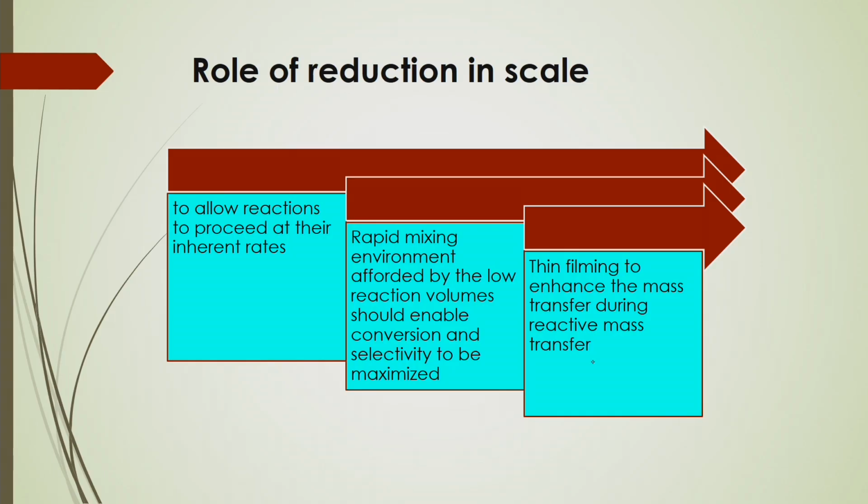So, the reduction in scale has a role in letting the reactions proceed at their inherent rates, and also reduces back mixing, and increases the mixing afforded by low reaction volumes. Conversion and selectivity can be obtained at a maximized stage, and that thin film can be produced to get enhanced mass transfer during the reactive operation system.